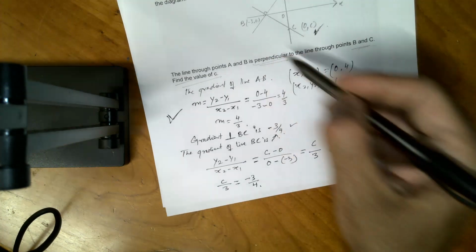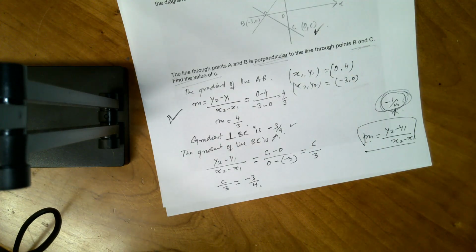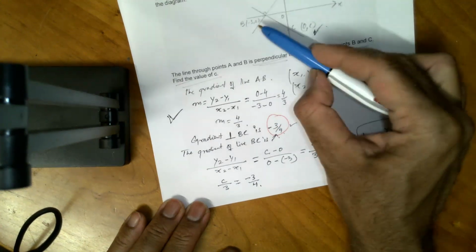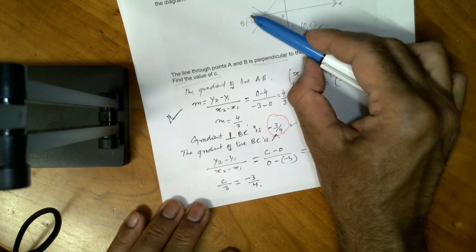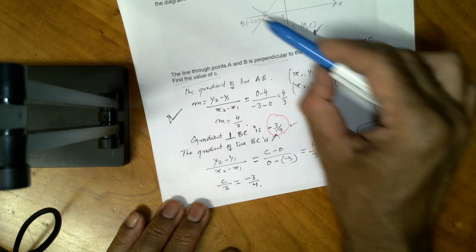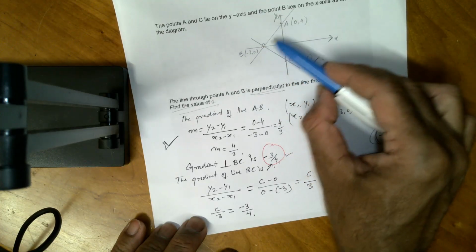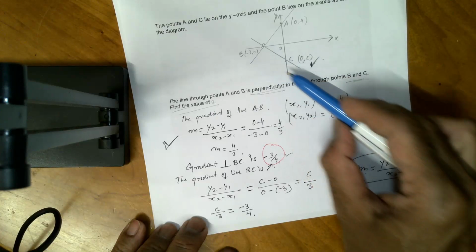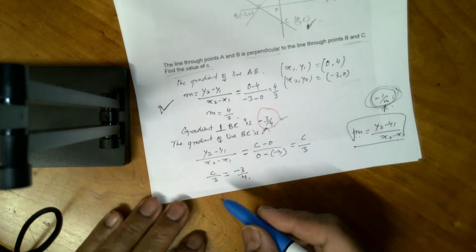For this line BC you got the gradient already, because once you got the gradient with the help of AB, we have to work on this BC line. Through AB we got the gradient of BC, then we have to work with BC in order to get C, and this is exactly what we're doing.